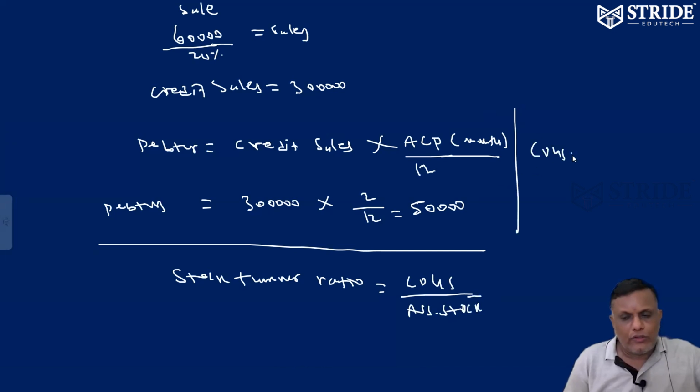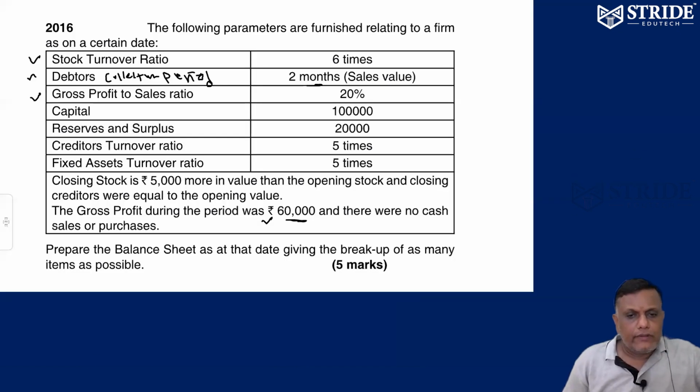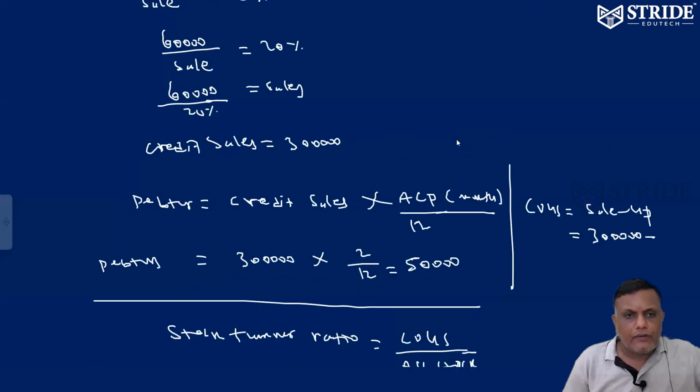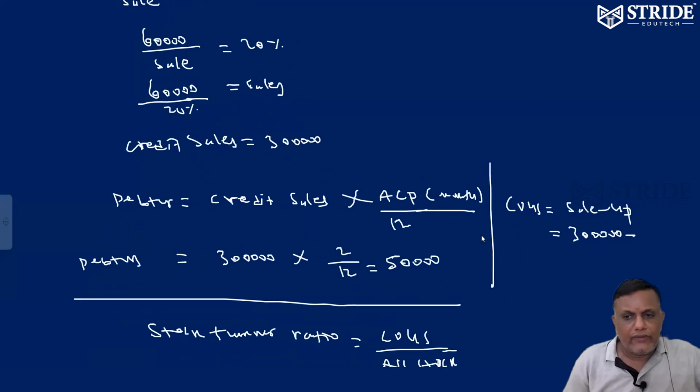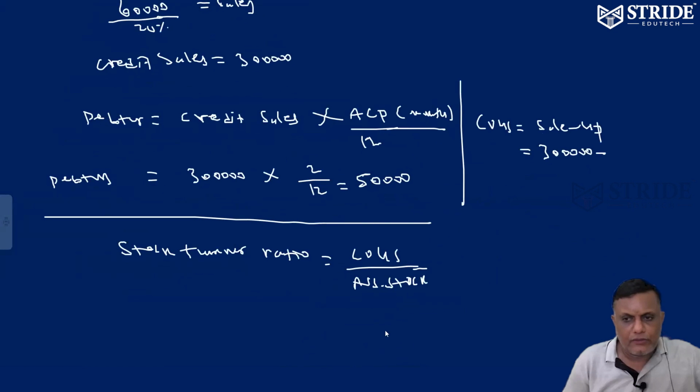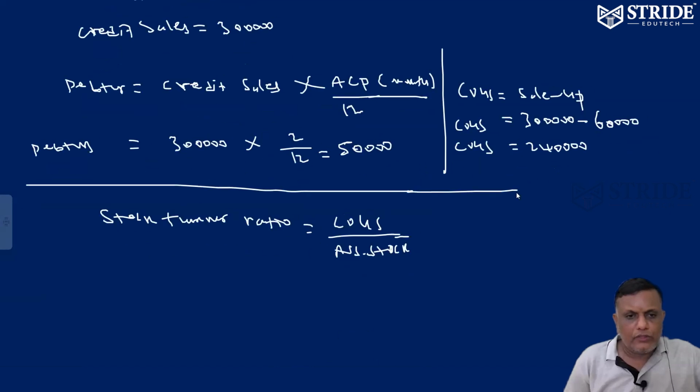Cost of goods sold is equal to sale minus GP. Sale is equal to 3 lakhs, gross profit is 60,000. 3 lakh minus 60,000 is 2 lakh 40,000, that is equivalent to COGS.